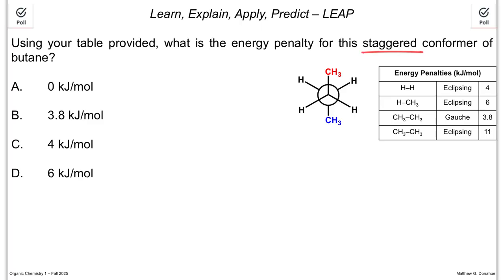So we have staggered, and then considering the methyl groups, that was the anti conformer. When we look at the interactions on the table, we don't see any eclipsings at this point, so we could say the relative energy for that is going to be 0.